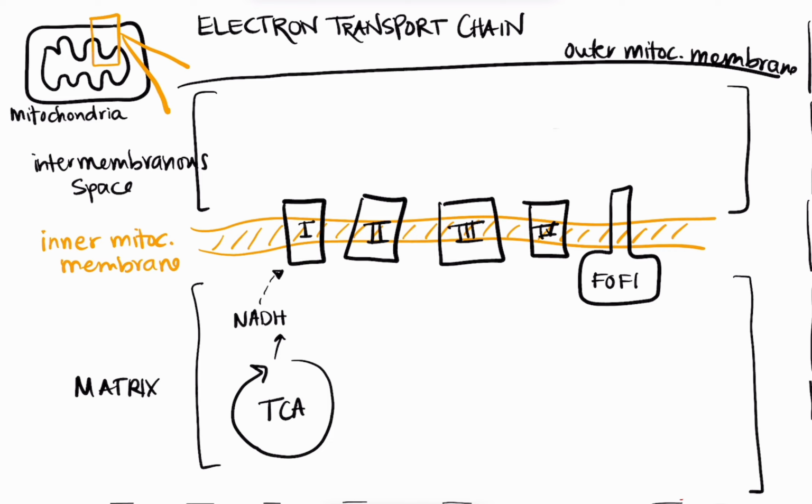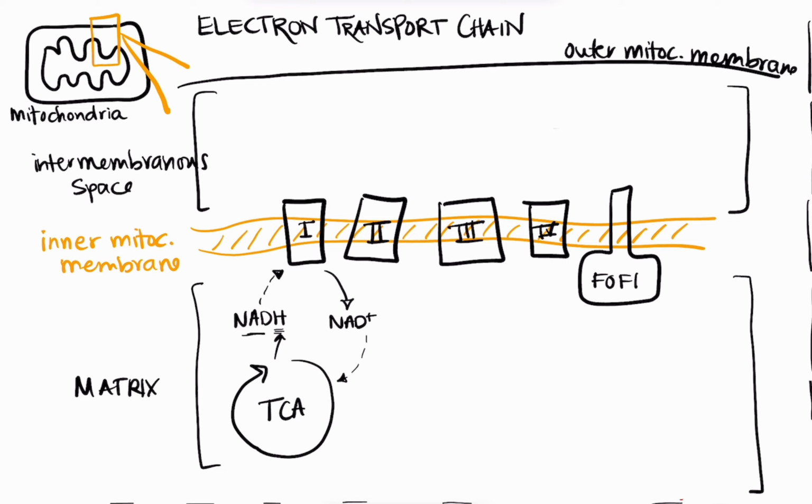The electron is carried on this hydrogen, as a hydrogen has one electron and one proton. So when NADH gets to complex 1, it can give its hydrogen away and leave, quote unquote, empty, able to go and accept a new electron. So it could then head back to the TCA cycle, grab another electron, and repeat this path.